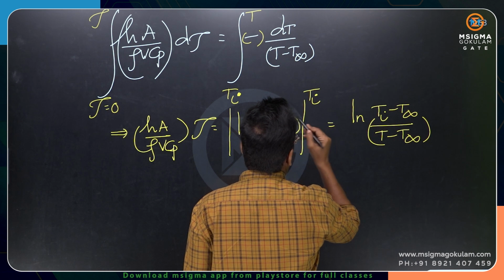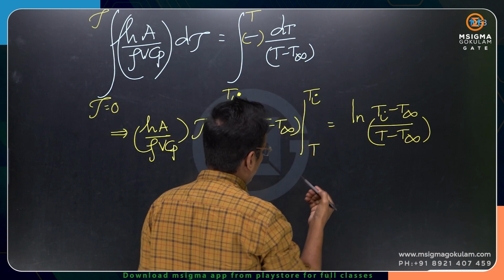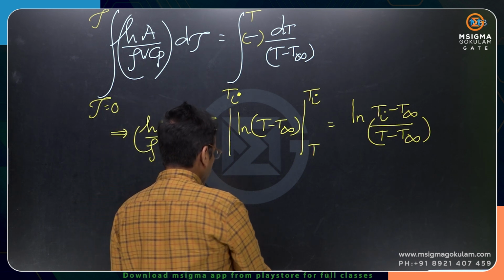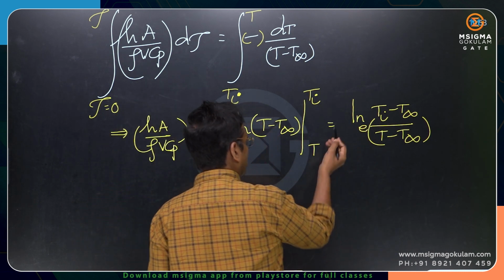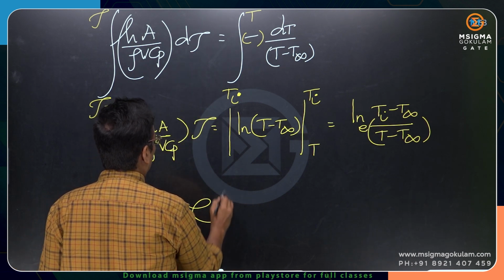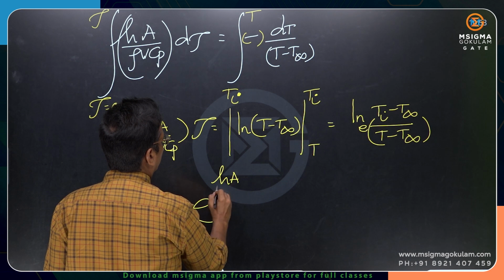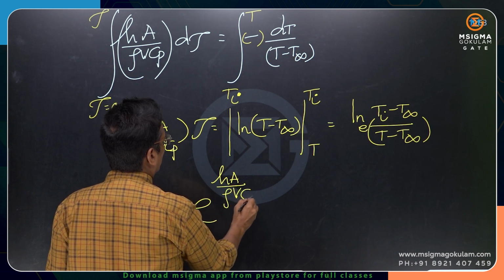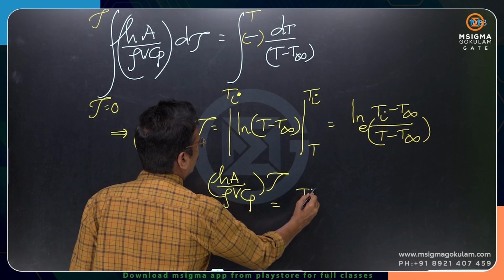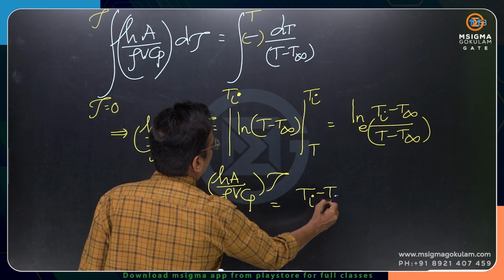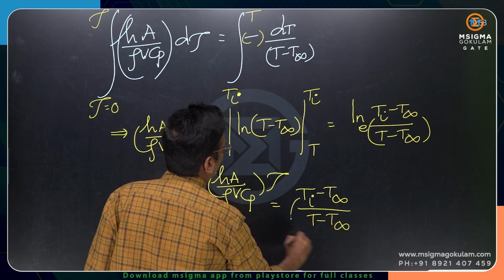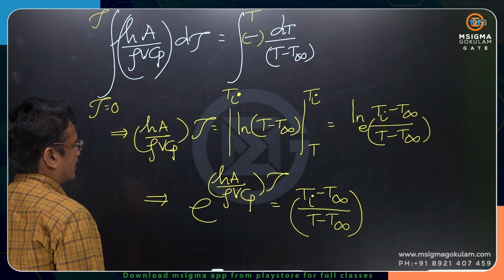So log A minus log B is log A by B. Now this contains log base e, natural logarithm. Now we could write it as e to the power of HA by rho V Cp into tau is equal to Ti minus T infinity by T minus T infinity.